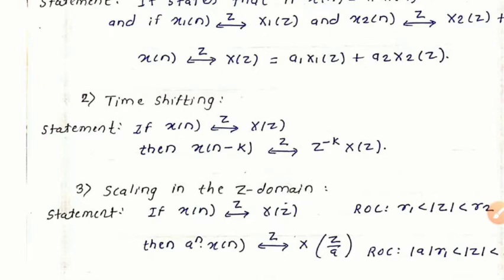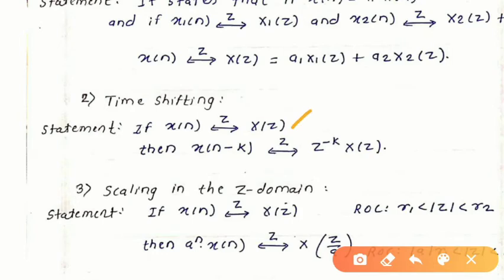This is also a very simple one. The statement is given: if x of z is the Z transform of x of n, okay, this can also be read as x of z is the Z transform of x of n; this bidirectional arrow indicates Z transform.